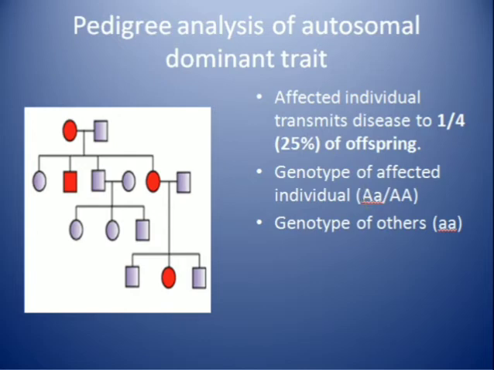So wherever this dominant allele is present, they will express it. Whereas the others, who are unaffected, will have the recessive allele, because the recessive allele does not carry the disease. So all the individuals who are unaffected will have the recessive allele.